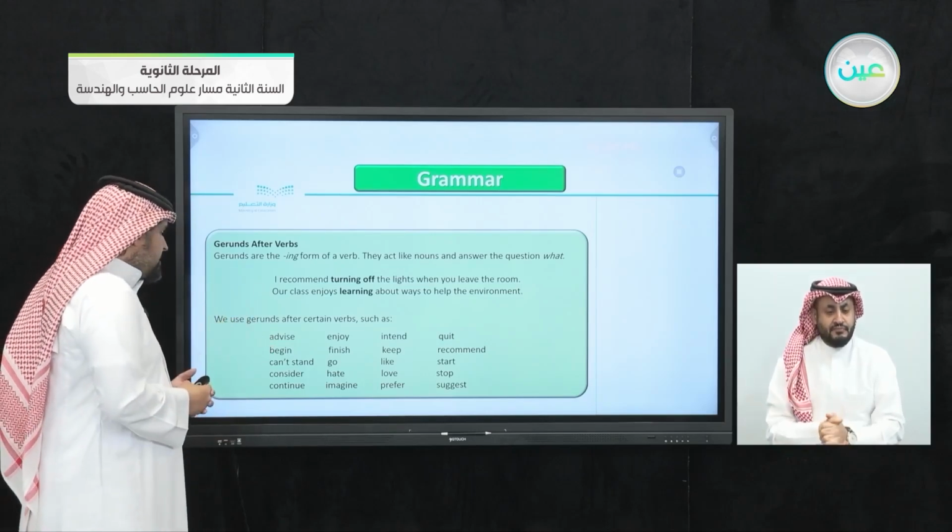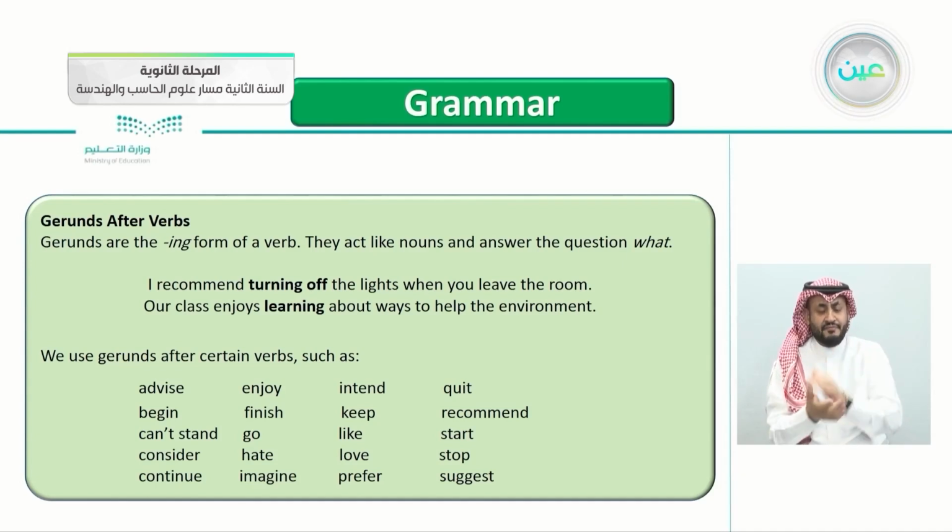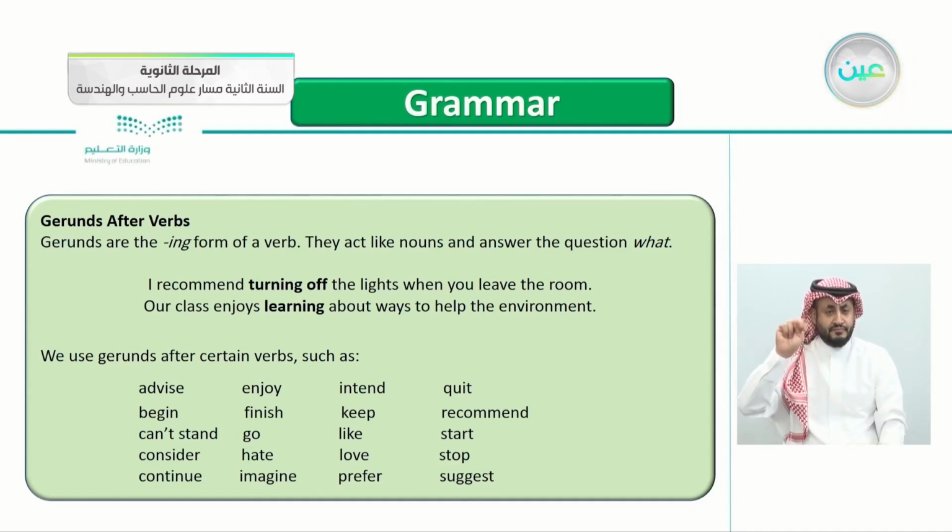We use gerunds after certain verbs, such as advise, begin, can't stand, consider, continue, enjoy, finish, go, hate, imagine, intend, keep, like, love, prefer, quit, recommend, start, stop, or suggest.